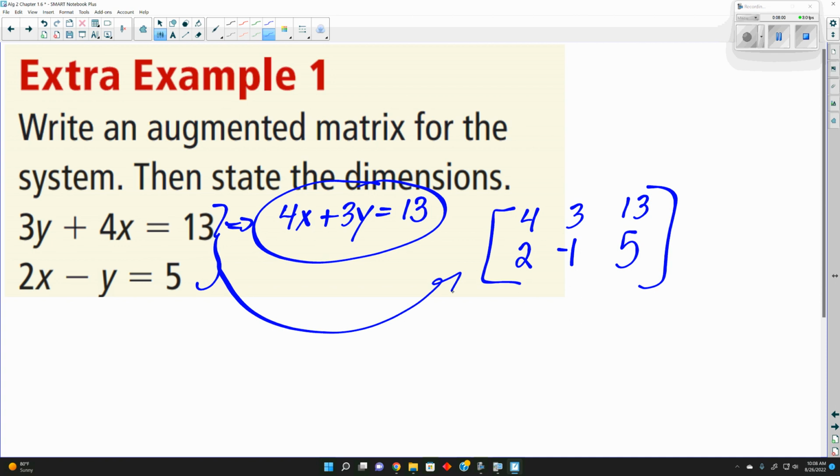There's nothing wrong with rewriting it back out in the correct way so that we can see how the numbers actually look. Because it is very easy, especially once we get to 3 variables, where we're looking at 4 different numbers, because the 3 numbers with the variables and 1 on the other side, it can be confusing on what signs what. Now the dimensions of this are 2 by 3. We go down 2, over 3.